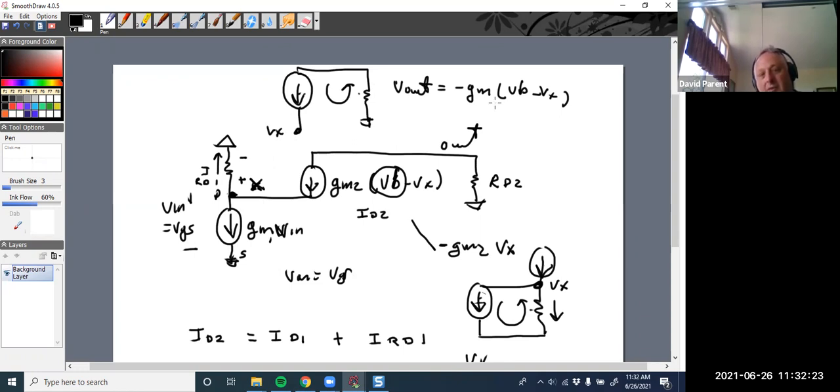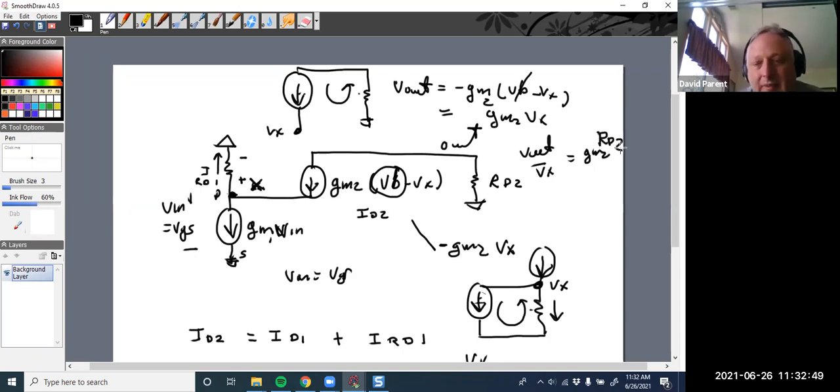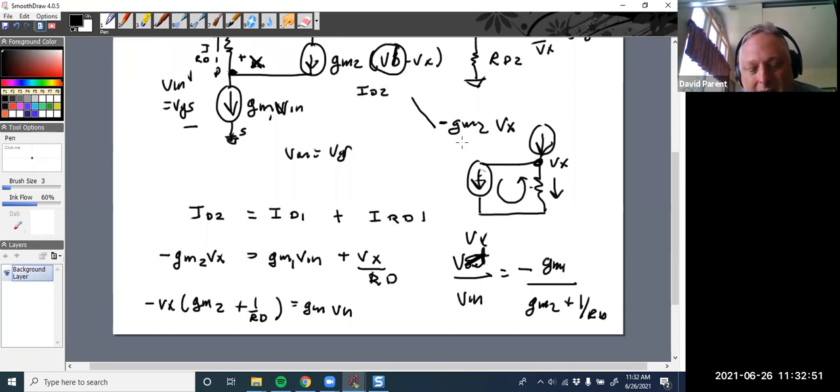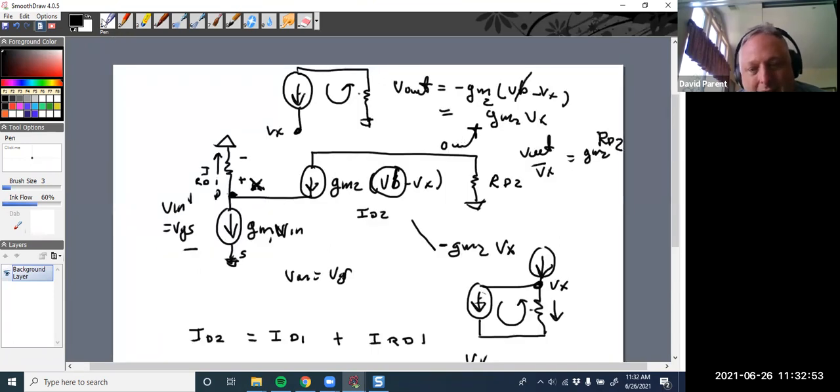It's just common source, but that VB is 0. So actually I get GM2 Vx. And so V out over Vx is just minus GM2 RD2. I'm sorry, I'm really running out of room here.